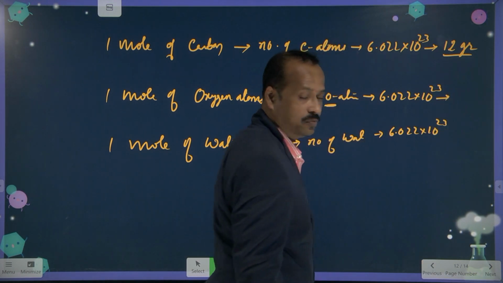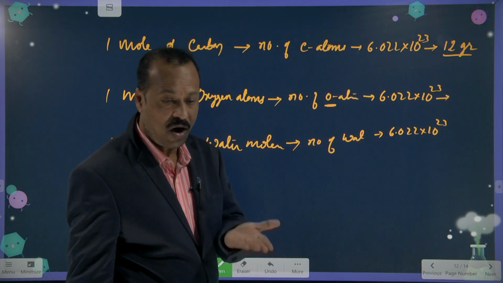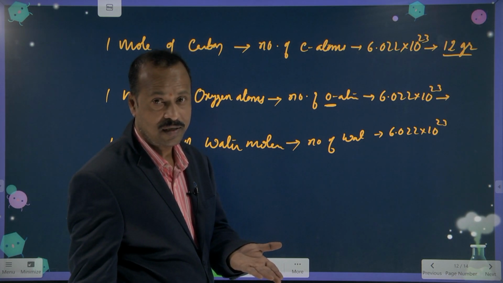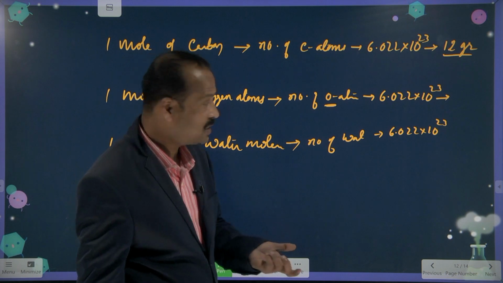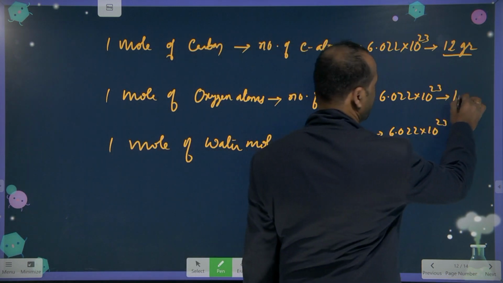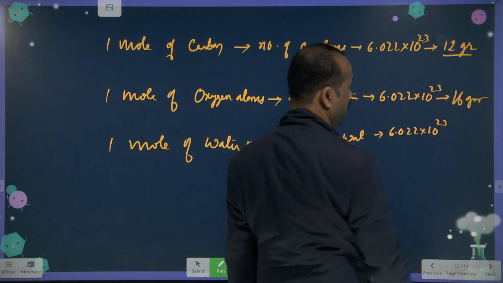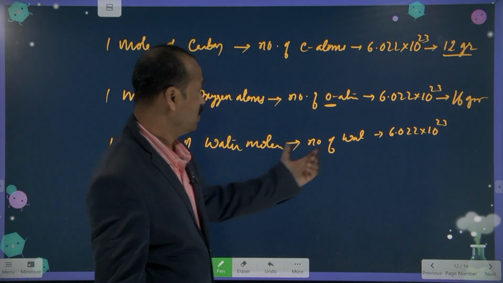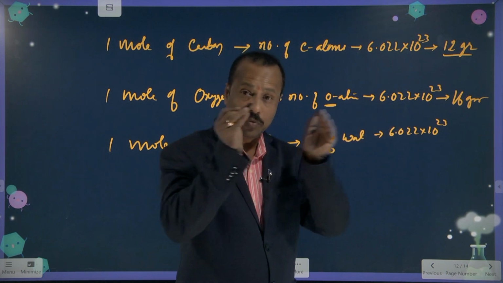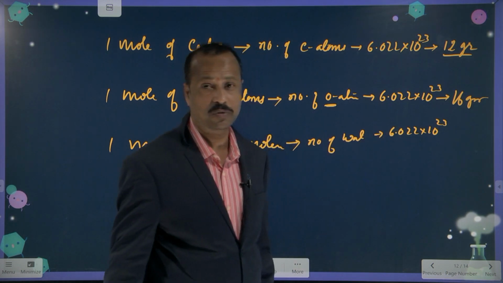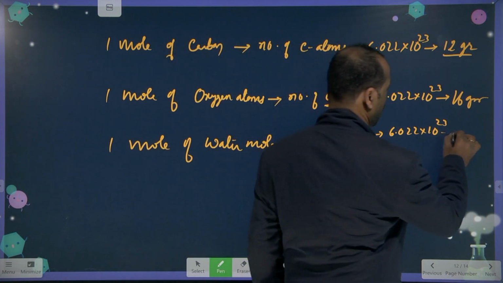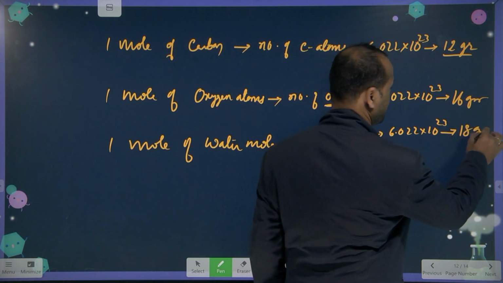You take the oxygen atomic mass. What's the oxygen atomic mass? 16. So that is 16 grams. Now, if you take 1 mole of water molecules, 6.022 × 10^23 water molecules, what will be the mass? 18 grams. Very good. So 18 grams. Is this clear to you?